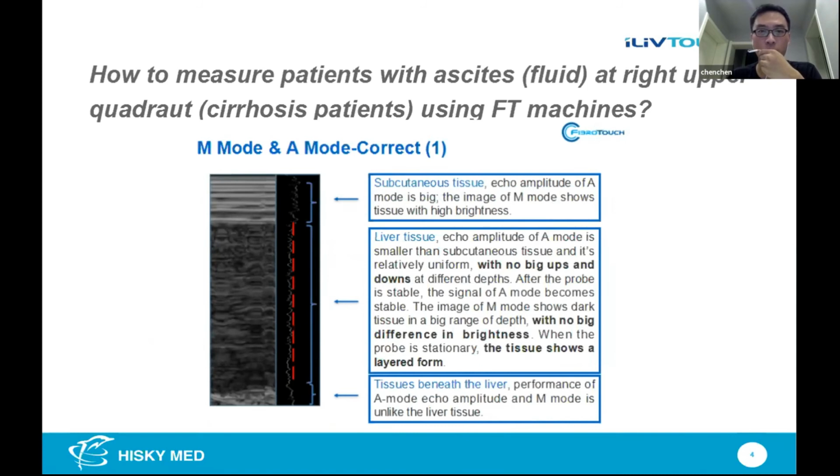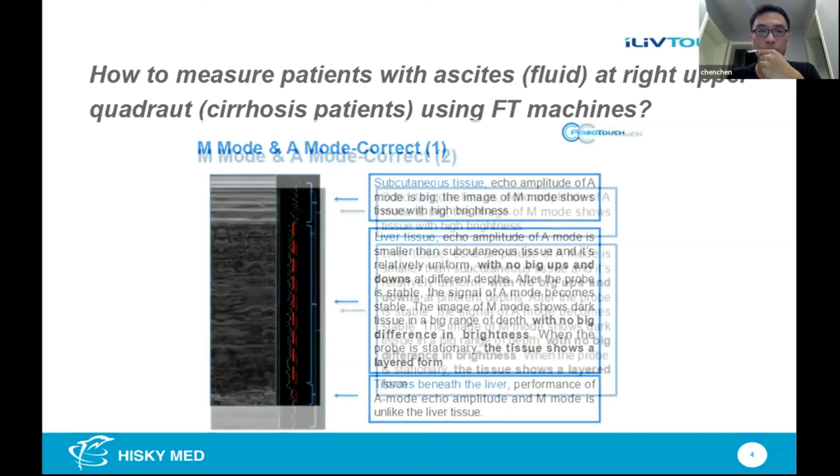But don't worry, because our probe can distinguish the liver tissue and the non-liver tissue at the bottom. So if there's some small non-liver tissue at the bottom, some white tissues, it's okay. But if it has a larger range, larger than this one, we can't do the measurement.